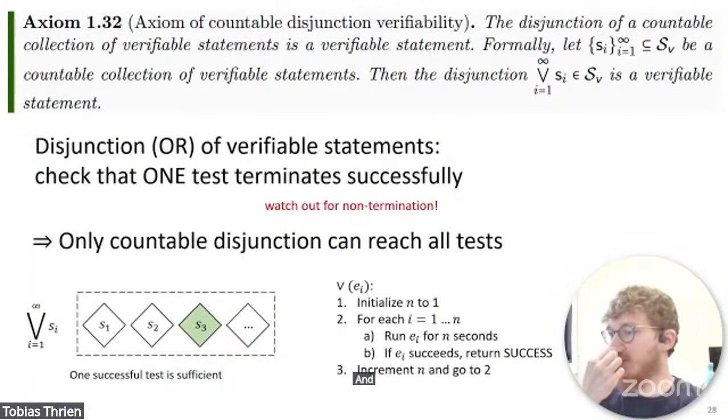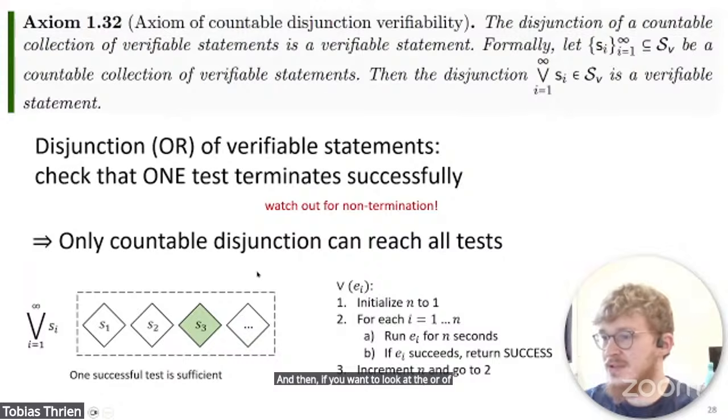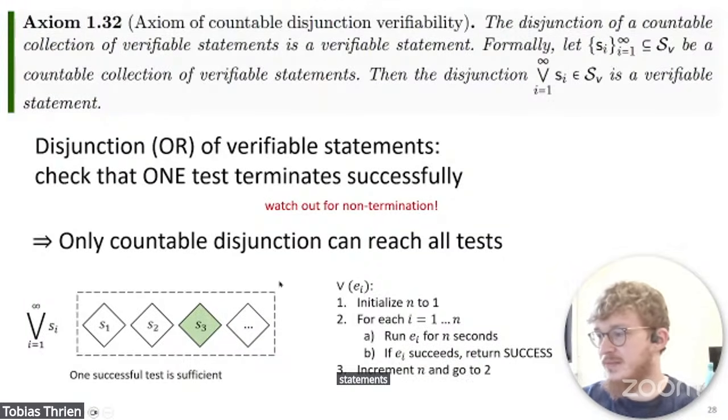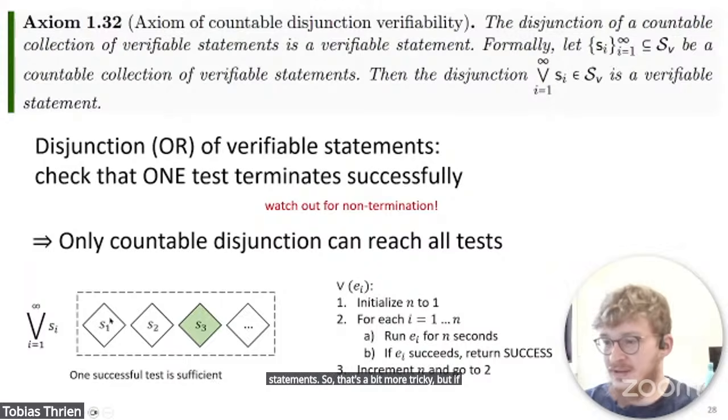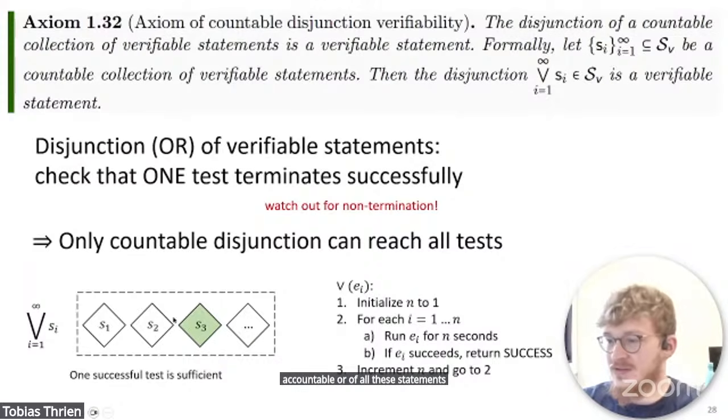And then if you want to look at the or of a bunch of statements, I can still test even countably many, so possibly infinitely many, but still countably many statements. So that's a bit more tricky. But if you have a countable or of all these statements, and it is true, then at least one of them is true.